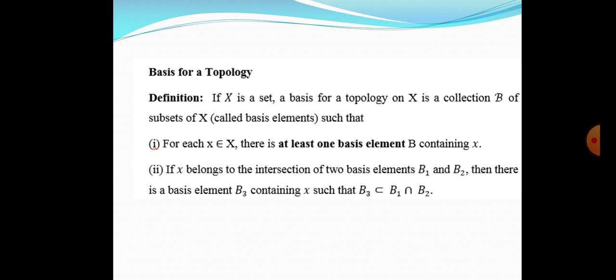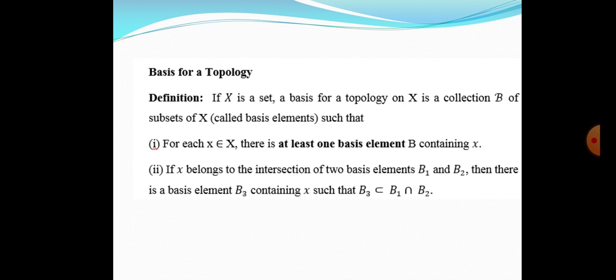If x belongs to this intersection of these two basis elements, then there is a basis element B3 containing x, that is B3 is contained in B1 intersection B2. That is the second property. If these two conditions are satisfied, it is called a basis.